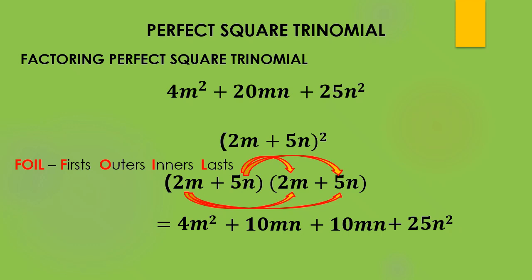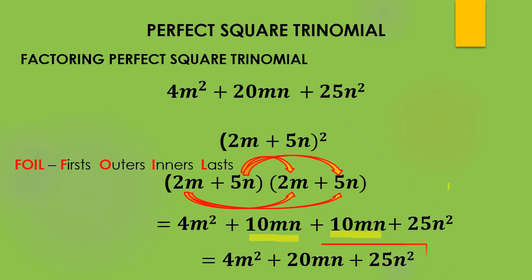As you can see, 10mn and 10mn are like terms. We can combine these two terms. Combining the two will give us 4m squared plus 20mn plus 25n squared.